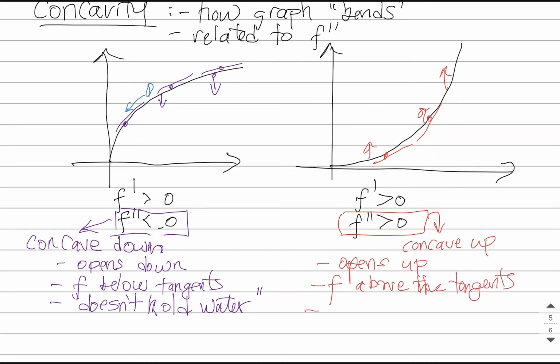And you could think of the graph as being able to hold water. It's like the bottom of a bowl. If I were to put a little drop of water, it would stay put in the bottom here. So those are all different ways of visualizing or developing some intuition about what it means to have a function that's concave down and concave up.